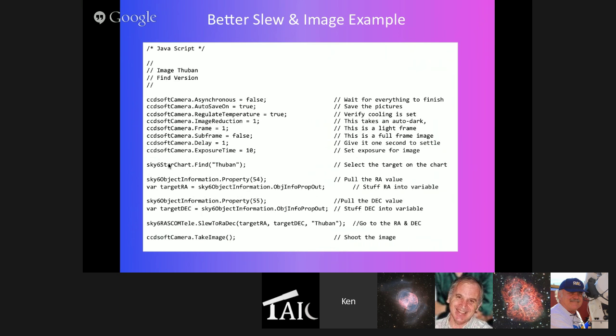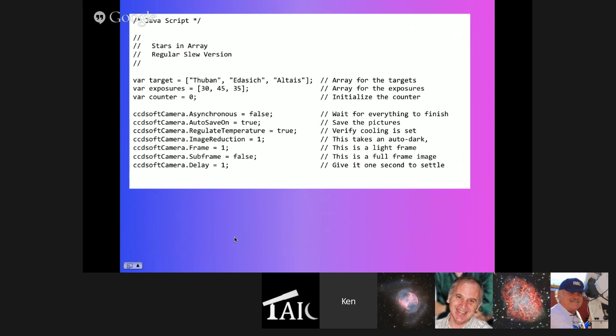So property number 54 in the database corresponds to target RA, and property 55 corresponds to declination. I'm pulling that information and stuffing it into variables called target RA and target dec. Then I'm using this SkyX RASCOM, another old school reference, to slew to the variables rather than the hard-coded RA and dec, and then take the image. So that's a little friendlier.